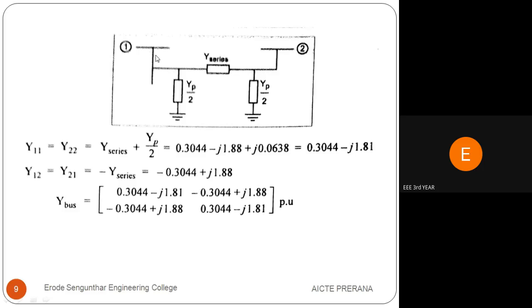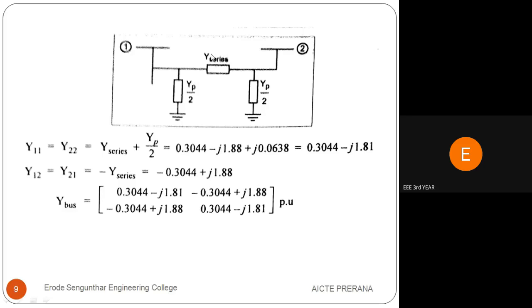I am mentioning it here. Buses 1 and 2 are connected with the transmission line, and the transmission line has one admittance, considered as Y series, and 2 line charging admittances, considered as YP by 2 and YP by 2.